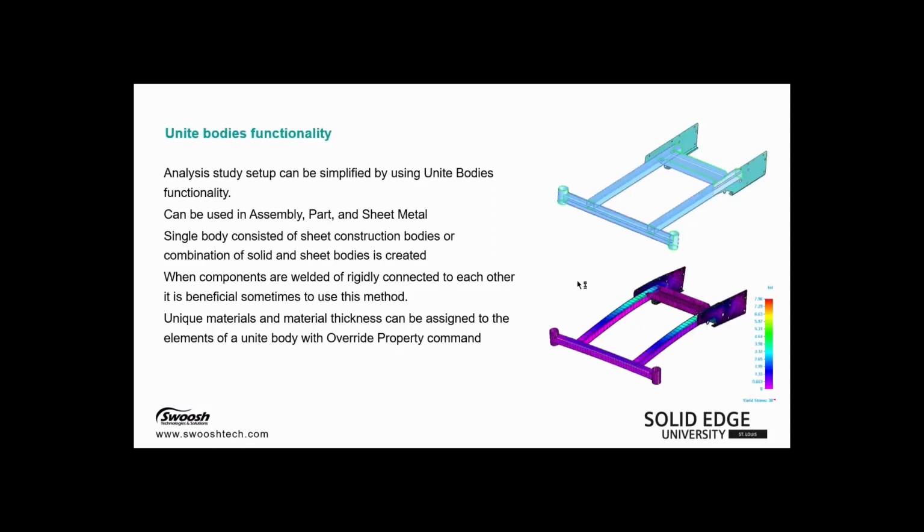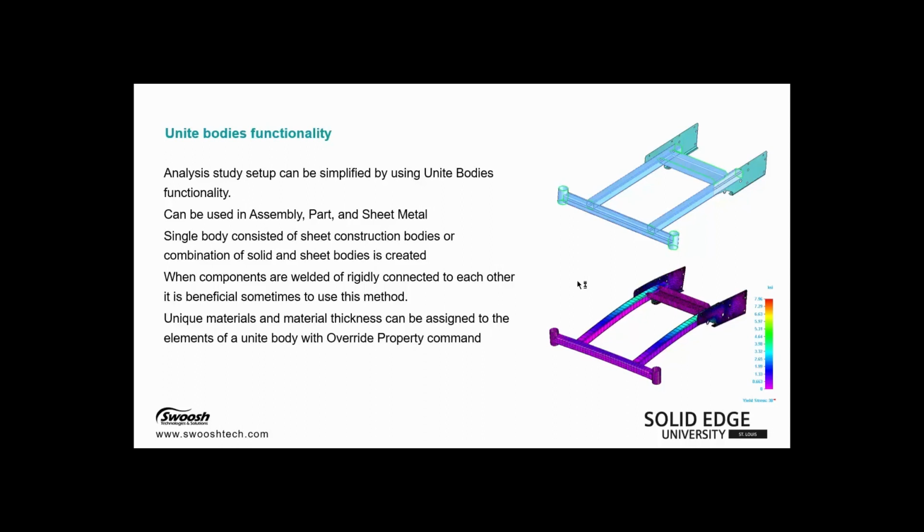Next step would be the unite bodies functionality. This is a very powerful way of, again, quickly and efficiently getting to final results instead of dealing with the intricacies of setting up a study. The important part is that Unite Bodies functionality can be used in assembly, part, and sheet metal environments.